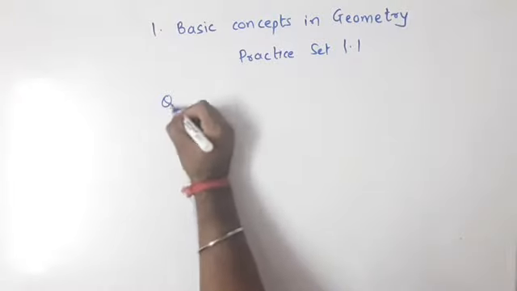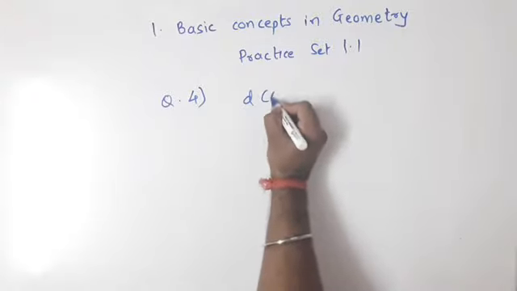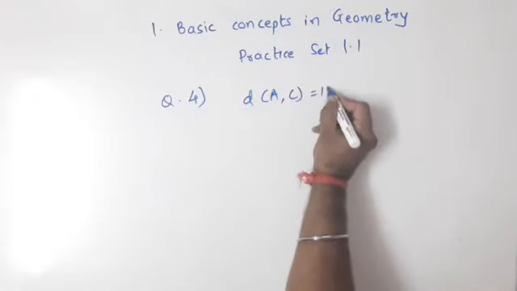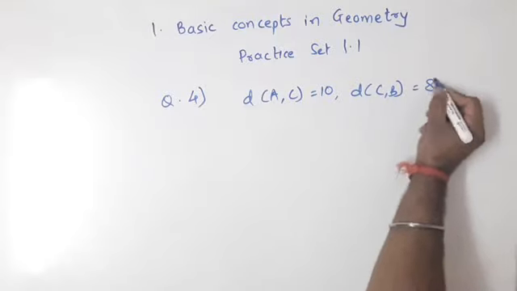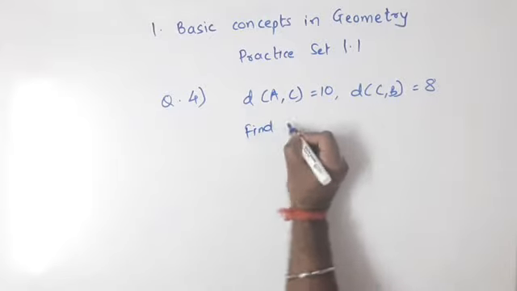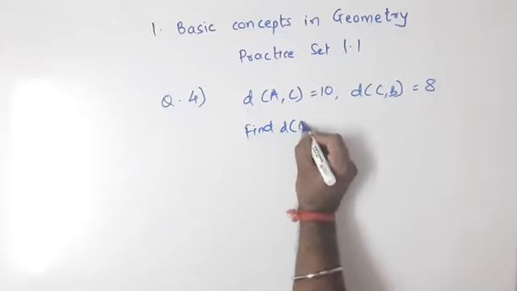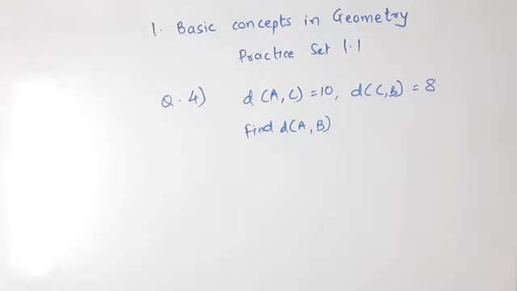Now we'll come to question number 4, where distance AC is 10, distance CB is 8, and you have to find distance AB considering all possibilities.